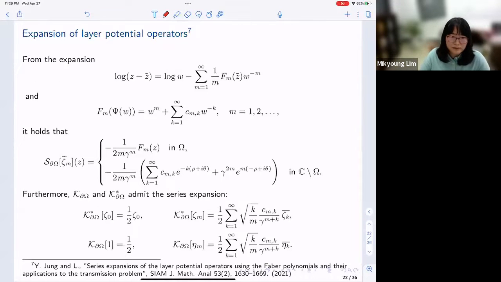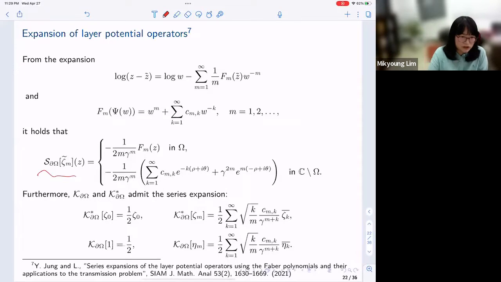And we know the expansion of the complex log in terms of Faber polynomials, and the combination of Faber polynomials with psi has an expansion in terms of Grunsky coefficients. So this gives us the expansion for the single layer potential.